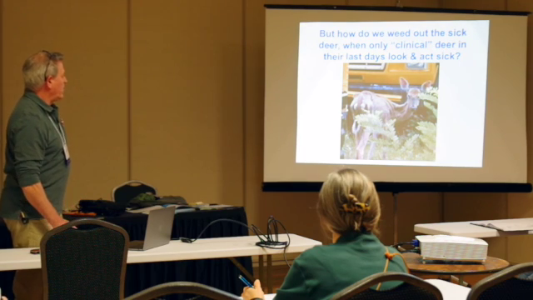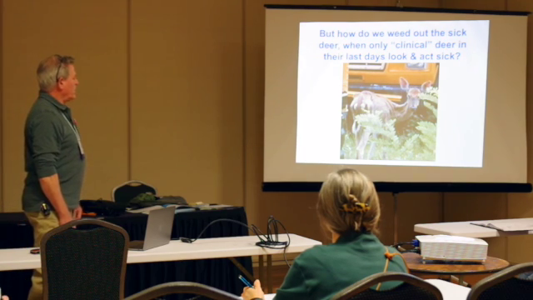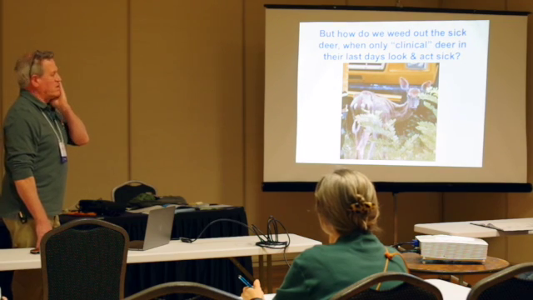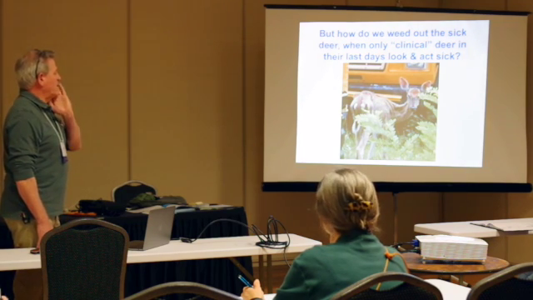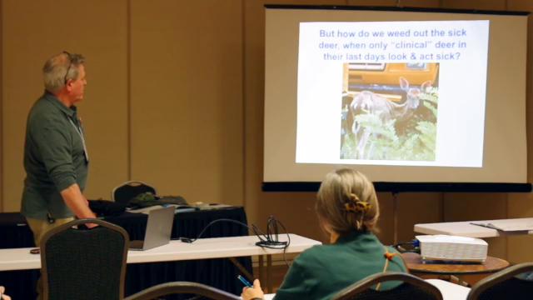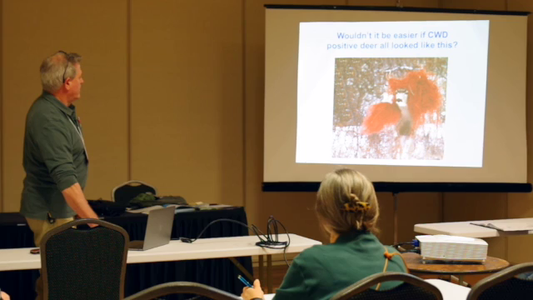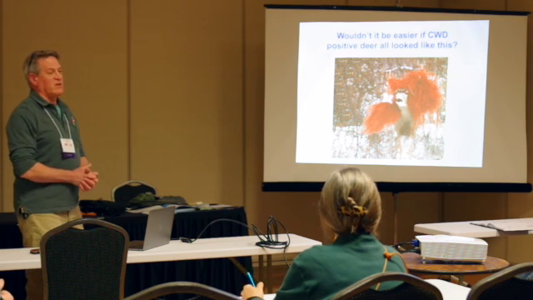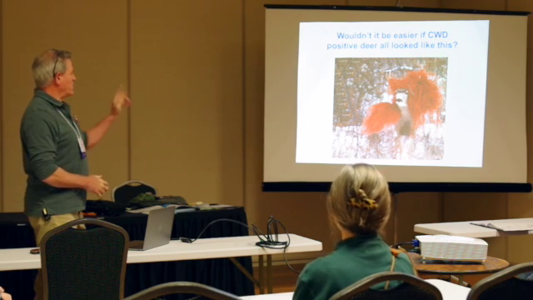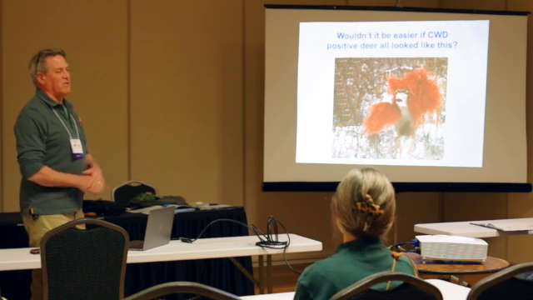So how do we weed them out, however, when they only look like this the last few months at most, and often just weeks of what could be a two-year disease cycle or more? It's a really tough thing. It would be a lot easier if all the sick ones walked around like this, and we could say, oh, there's one, and we'll take that one out and leave all the healthy ones.